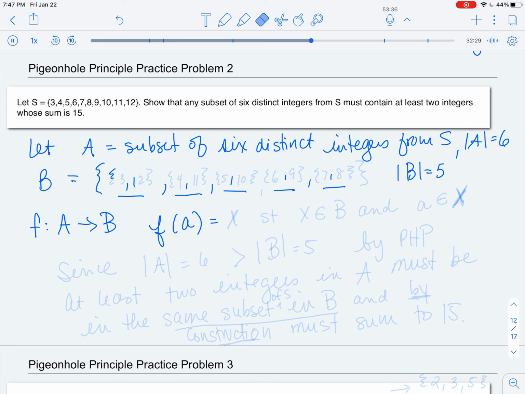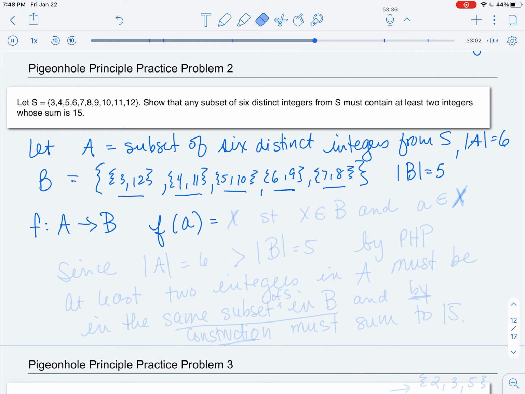I'm going to say B is the set of subsets summing to 15. So then I have 3, 12, and I have 4, 11, and then I have 5, 10, and I have 6, 9, and then I have 7, 8. This is much nicer in terms of mathematical notation.